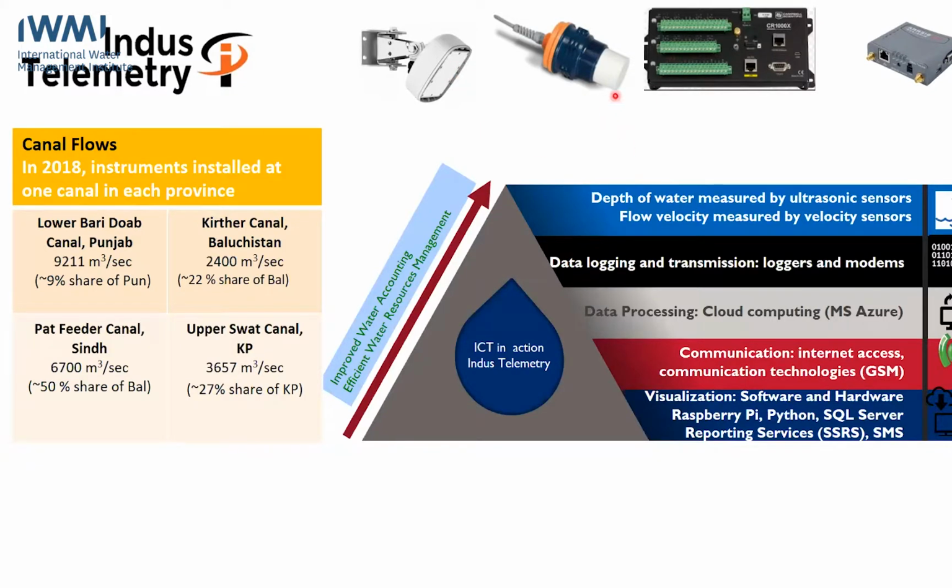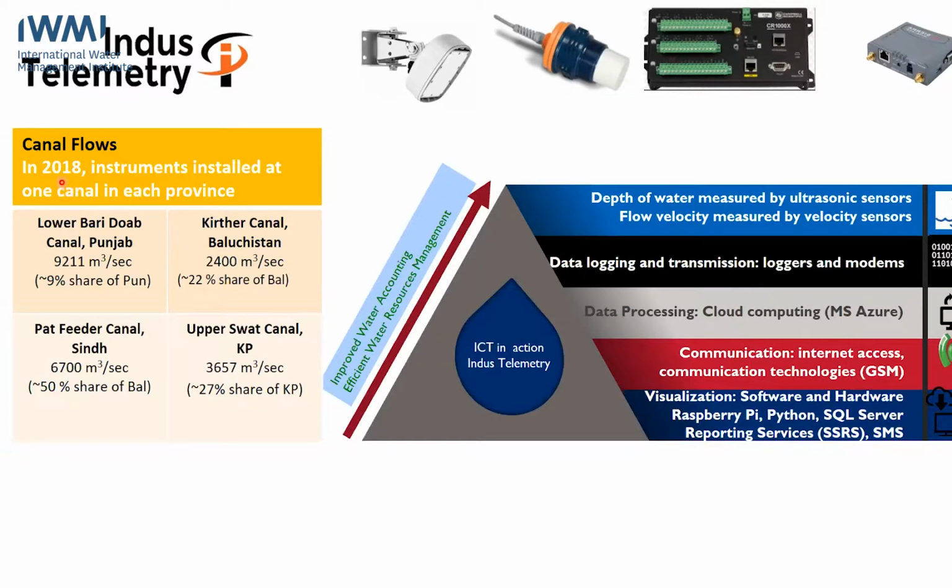From these two sensors, we get data stored in these data loggers, and this is the modem we use for transmitting this stored data to the servers. On the server, we process this data and calculate the discharge, and then we disseminate the data in the form of SMS, in the form of display screens, and different kinds of reports I will show you in a minute.